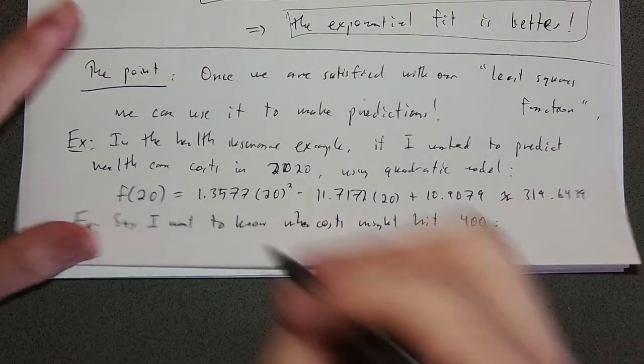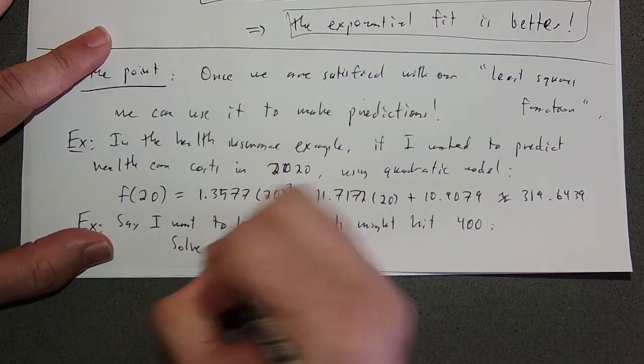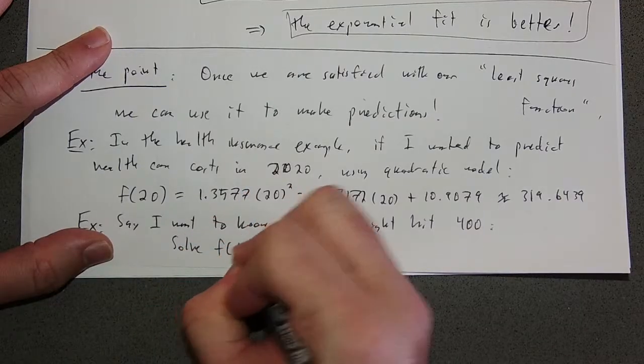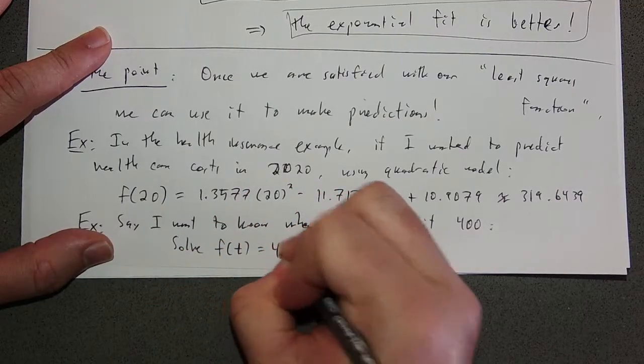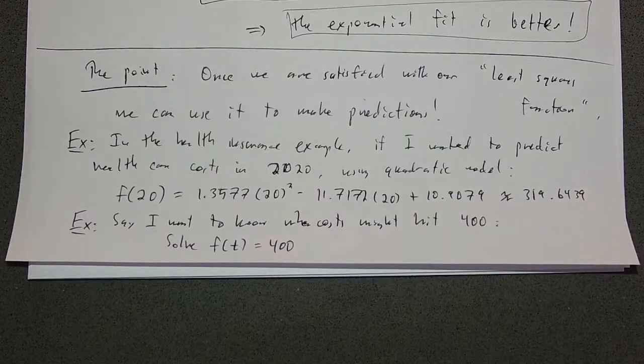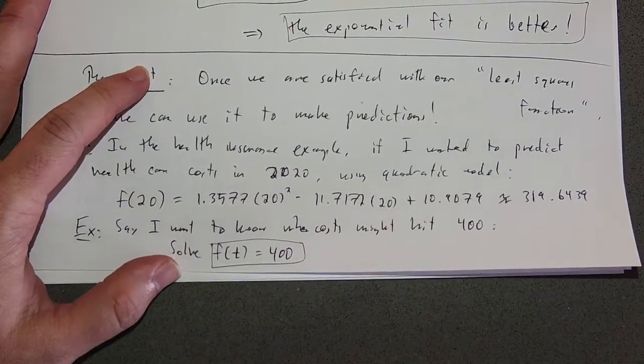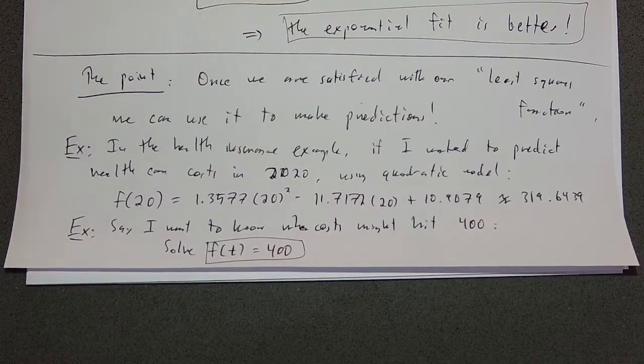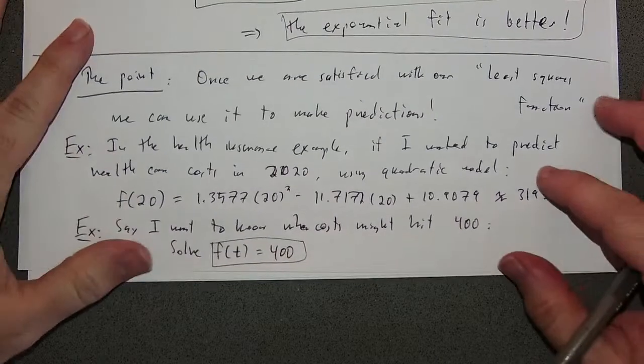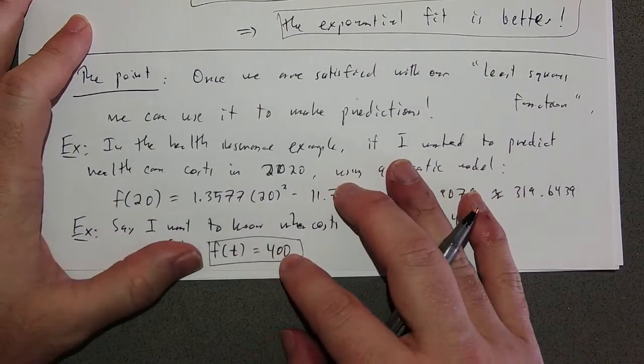I just solve f of t equals 400. It's another way that I might predict this. If I do this for the case of the quadratic, maybe I get negative solutions. I'm not interested in negative time in this context, so I would just toss out the negative solution. So I'm only going to have a single positive solution here.